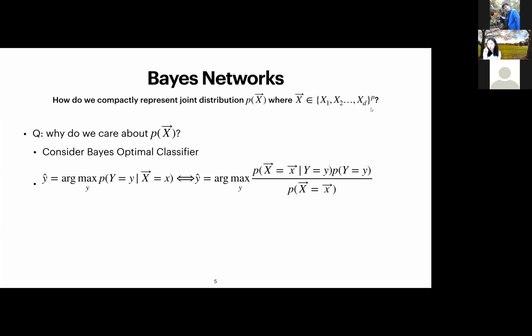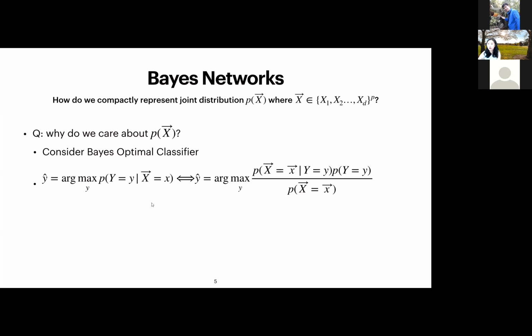So you have this y hat. You want to estimate the y hat, which is the argmax of this conditional probability, right? Conditioned on some observation x, you want to maximize the probability of y under this observation of x, right? This is what your Bayes optimal classifier is doing.